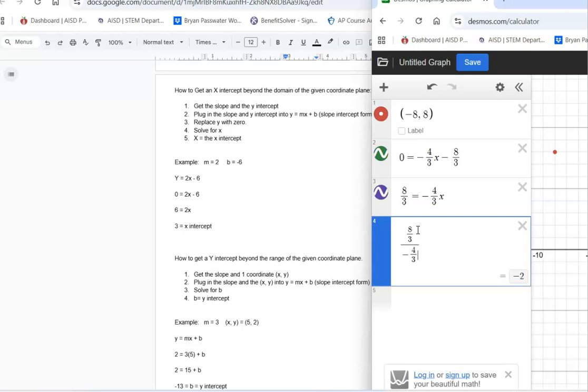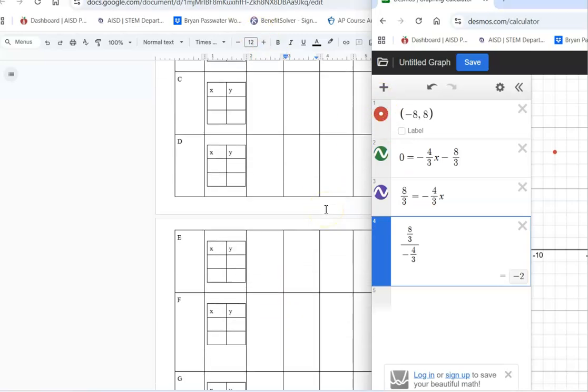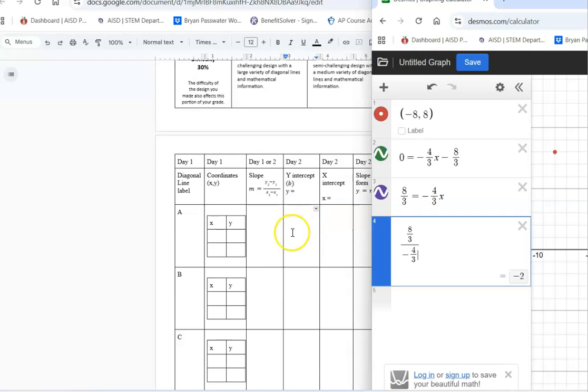So that's the x-intercept. My x-intercept was right when I did the ruler. I get the exact same answer, -2. So right here, I would write -2.